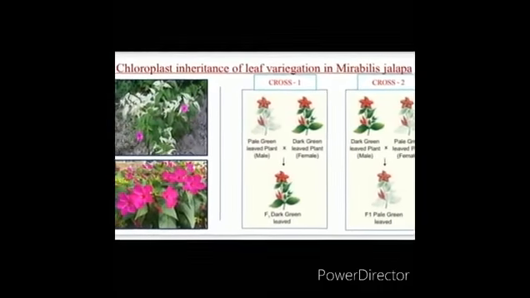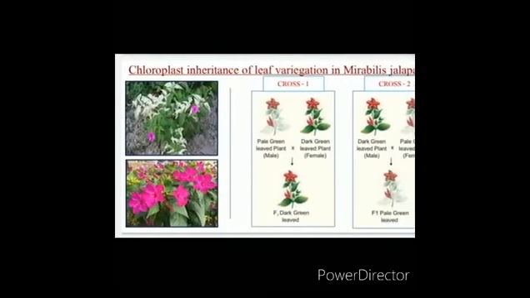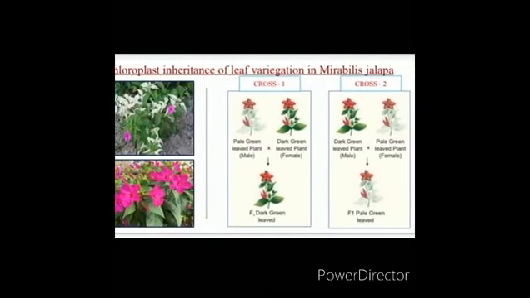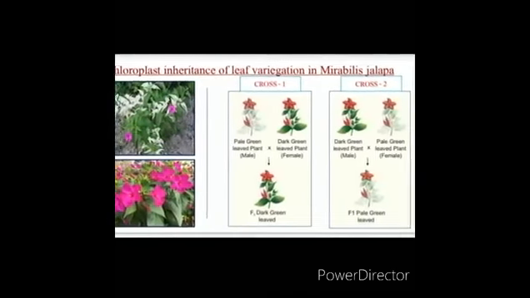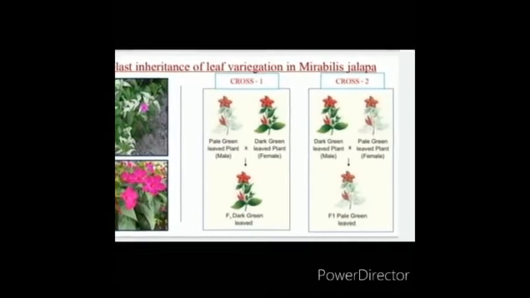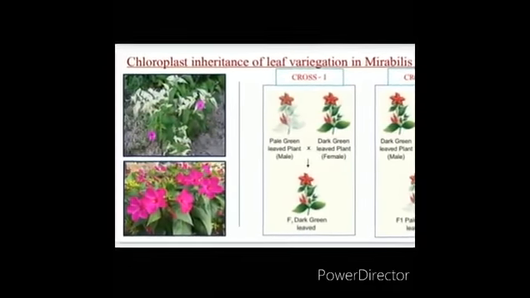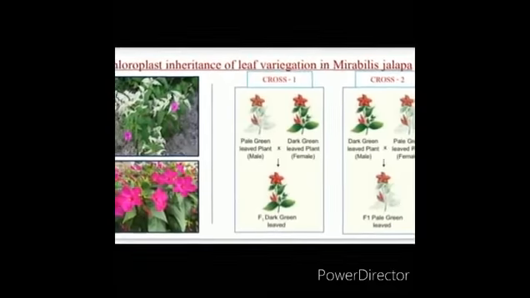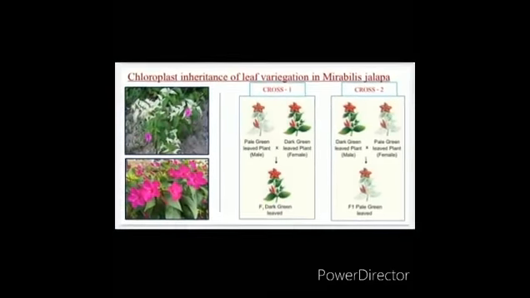In each cross, the F1 plant reveals the character of the plant which is used as the female plant. In the reciprocal cross, we studied that the trait is not sex dependent, but in this case it is sex dependent because inheritance is not brought through nuclear gene.